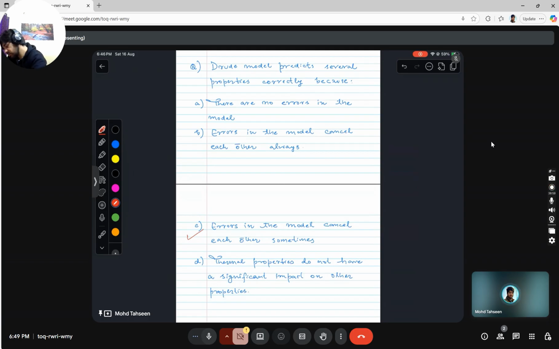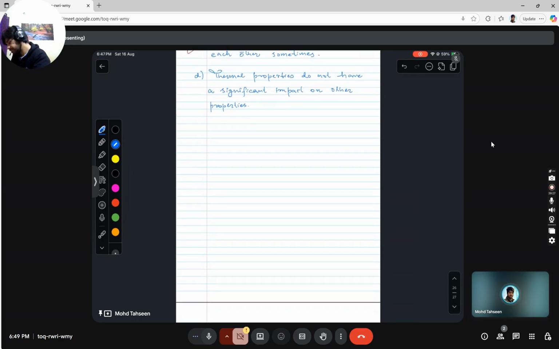So sometimes, if we are lucky, like we are in the case of thermal conductivity, when we compute thermal conductivity, and not just thermal conductivity, there is actually a law called the Wiedemann-Franz law.